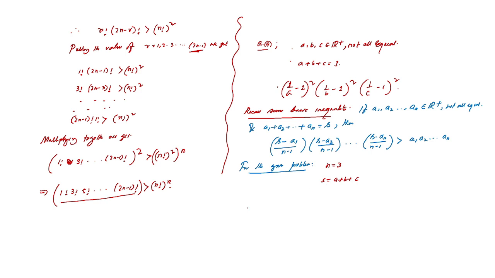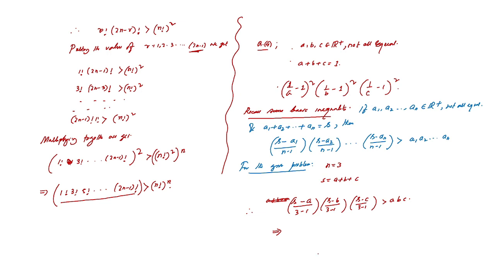Now we will apply the above inequality. So what we will get? I am writing here: (S minus A) by (3 minus 1), (S minus B) by (3 minus 1), (S minus C) by (3 minus 1) greater than ABC.